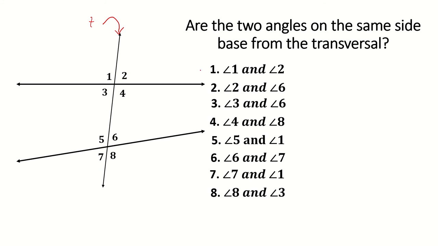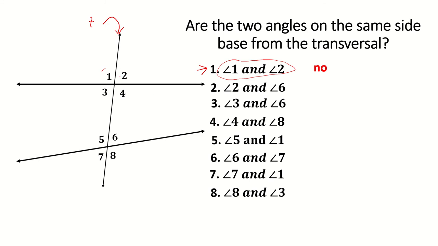So now, let's answer one. Angle 1 and angle 2, are the two angles on the same side based from the transversal? Notice that 1 is on the left part of our transversal, 2 is on the right side. So that means they're not on the same side. How about 2 and 6?